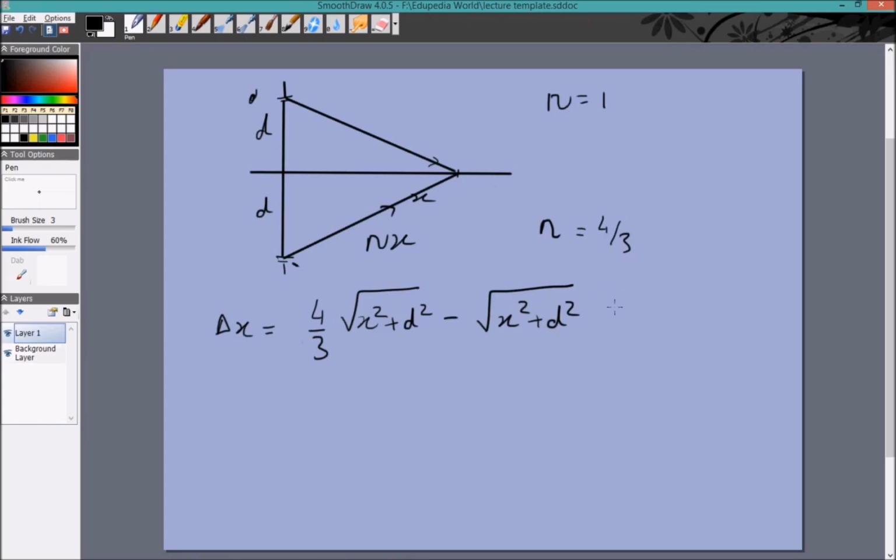This has to be equal to m lambda, an integer multiple of lambda for constructive interference, that is for maxima. This means root of x squared plus d squared by 3 is equal to m lambda, which gives me x squared is equal to 9 m squared lambda squared minus d squared.